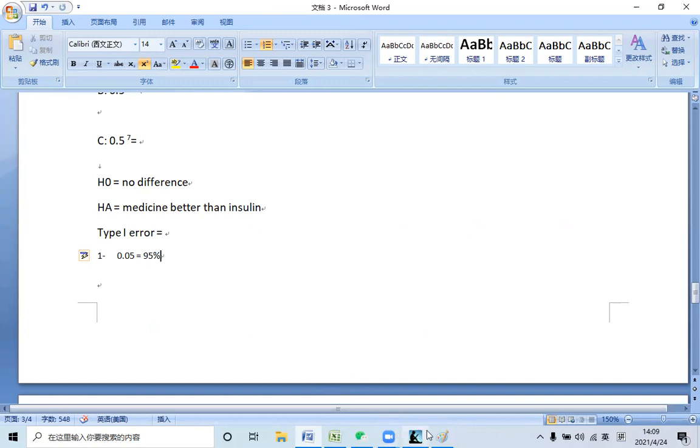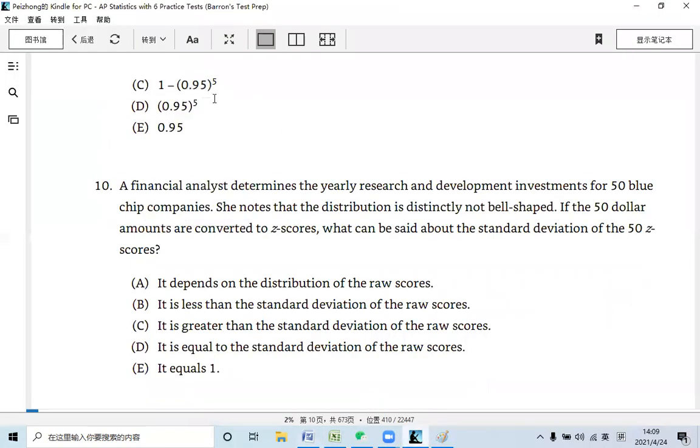This one looks the best. On all of those trials, you are not committing any type 1 error 95% of the times, and you do it 5 times, so it's to the power of 5.